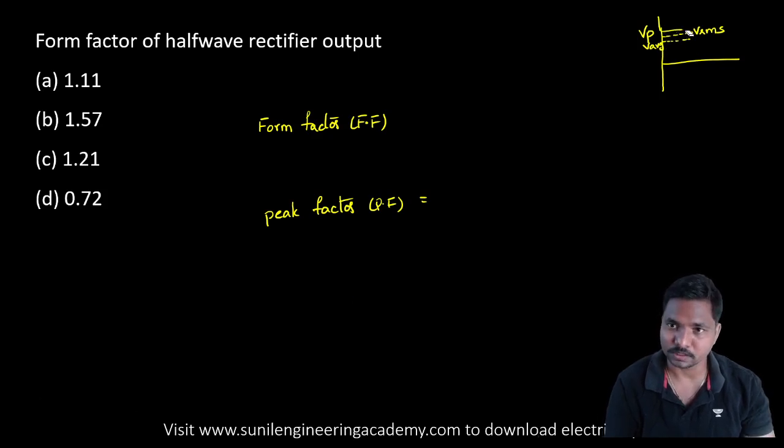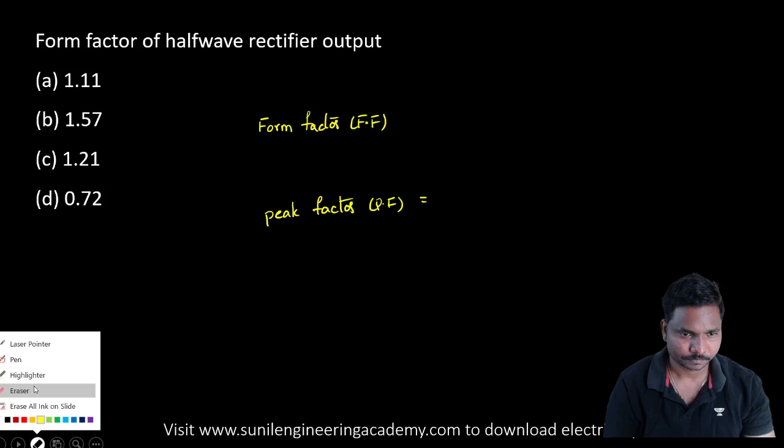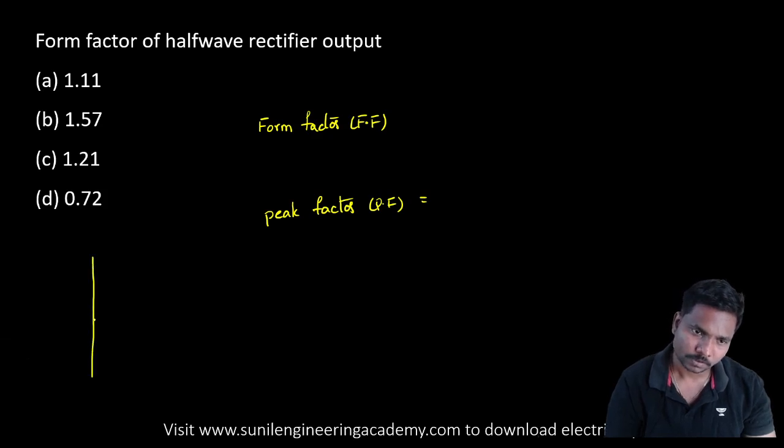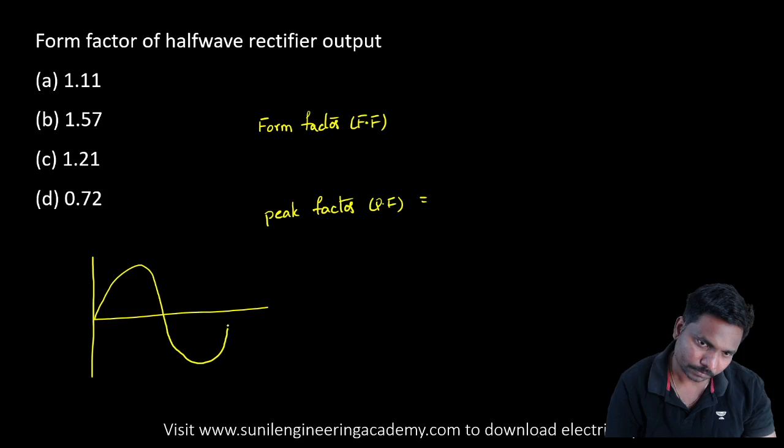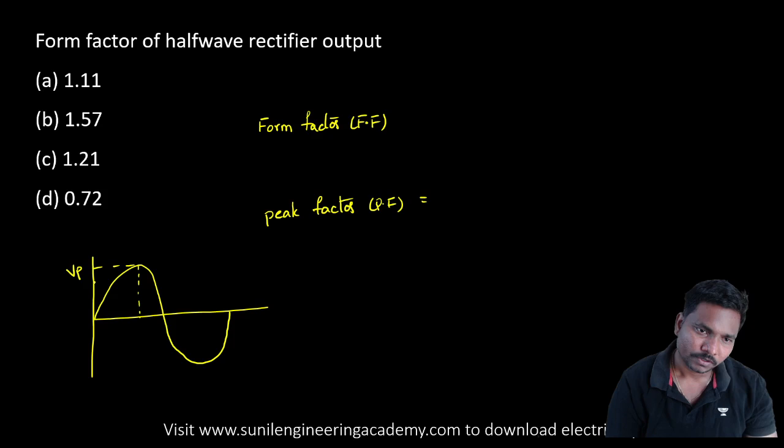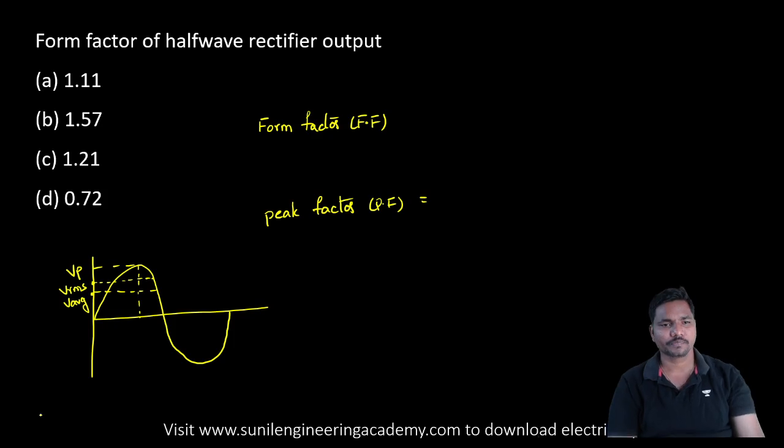Consider a wave. This is the maximum value or peak value, this is the RMS value, and 0.63 times, that is 63%, is the average value.